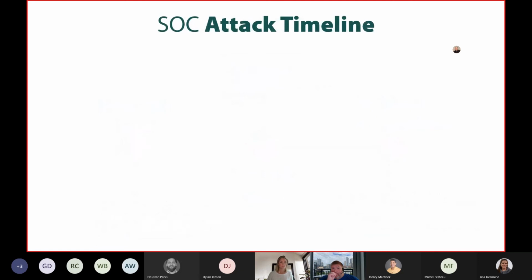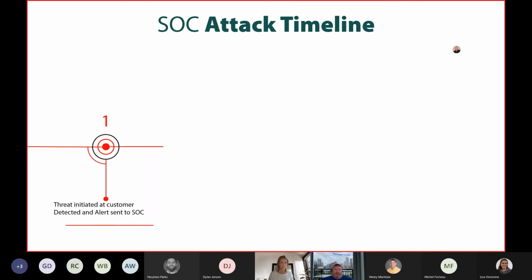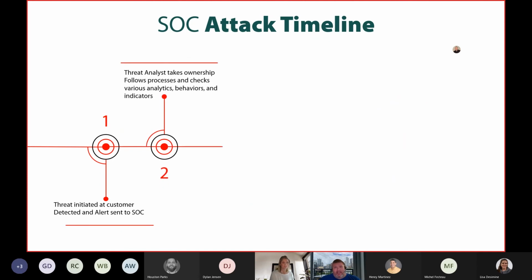So finally, a typical timeline: a threat is detected by whatever the tool is, whether it's Fortify Endpoint or the Perch network threat detection, there's an alert, it's initiated, our SOC team gets the alert, does the investigation, does the analysis. We take ownership of it. Sometimes it's nothing to see, and we're not going to bug you in the middle of the day or the middle of the night. We're going to take all that noise out of it, so you can know that the alerts that are happening aren't getting ignored.